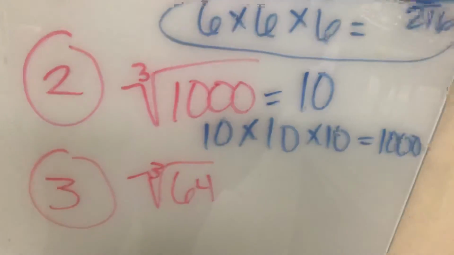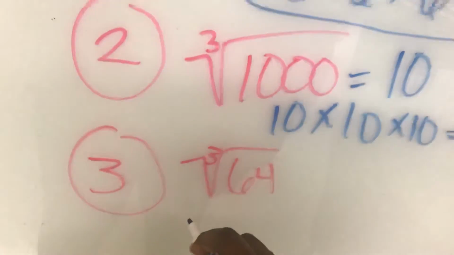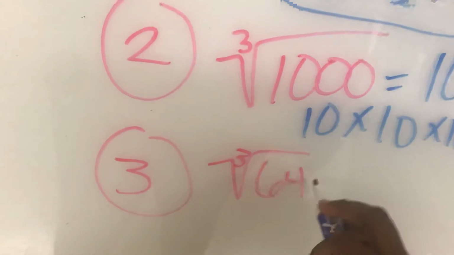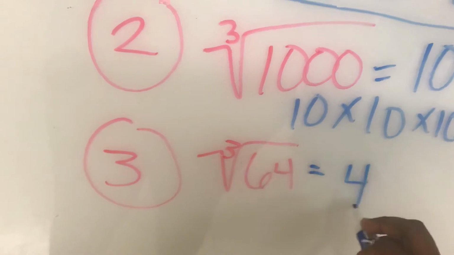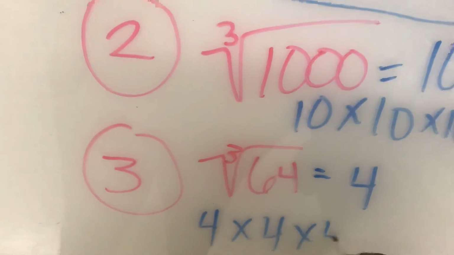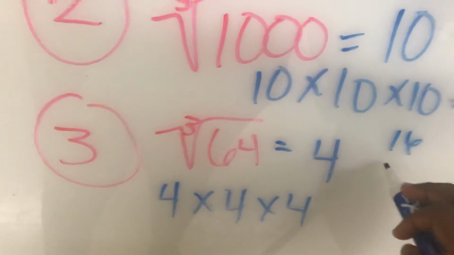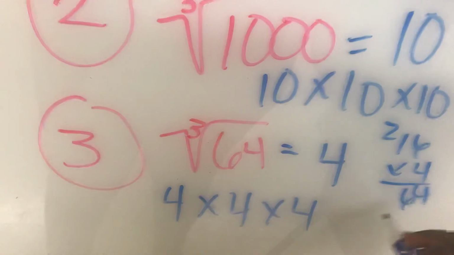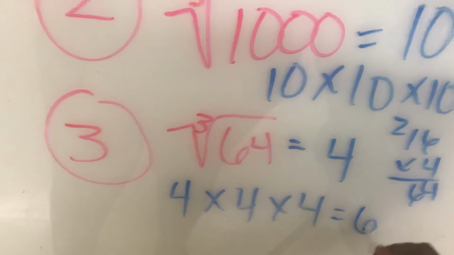Okay. And for this next one, we have this one right here should be 4, and it's because 4 times 4 equals 16, and if we multiply 16 times 4, we will get 64. Okay.